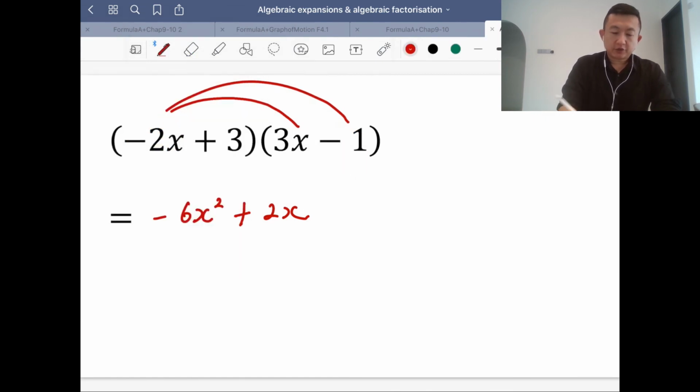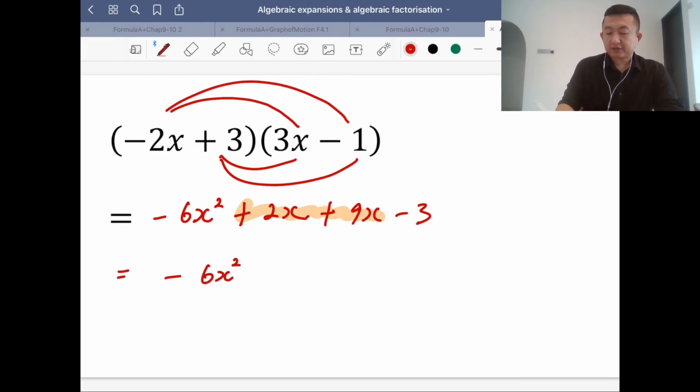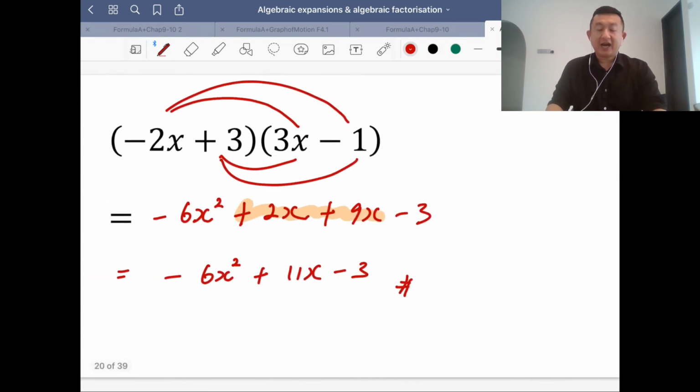And then you follow by these two. You have 9x, and the last one you have minus 3. Okay, we simplify the like terms. Here we go. So the final answer: minus 6x squared plus 11x minus 3. This is the final answer.